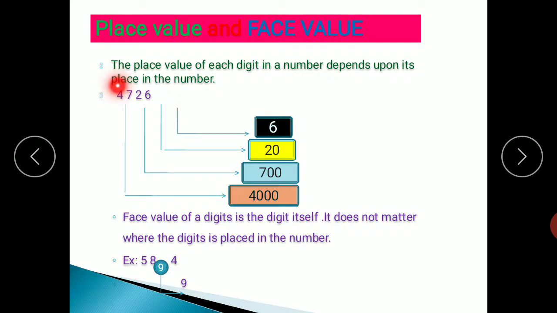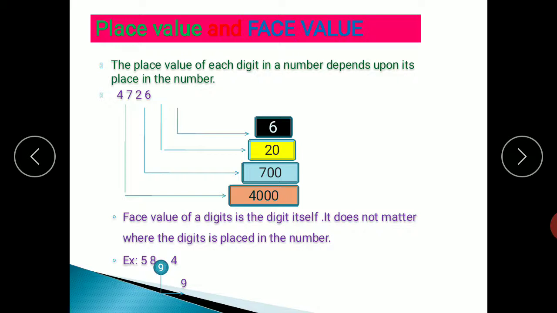Now the place value of 4 is in the 1000 place, so 4 into 1000 will become 4000. So we combine to read, it is 4726. What children? Let us move to the next one, face value.